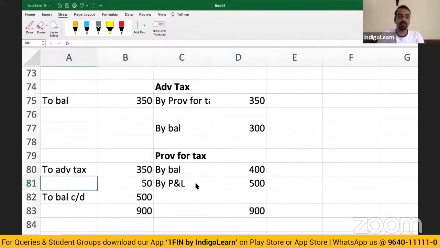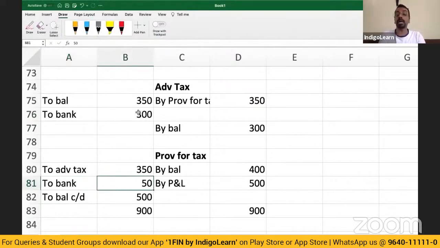So you have to get 50 from somewhere here. Then in advance tax, you have a balance of 300, which means you have paid 300 here. And this provision for tax, whatever was the shortfall, was also paid to this account as 50. So total tax paid is 300 plus 50, 350.